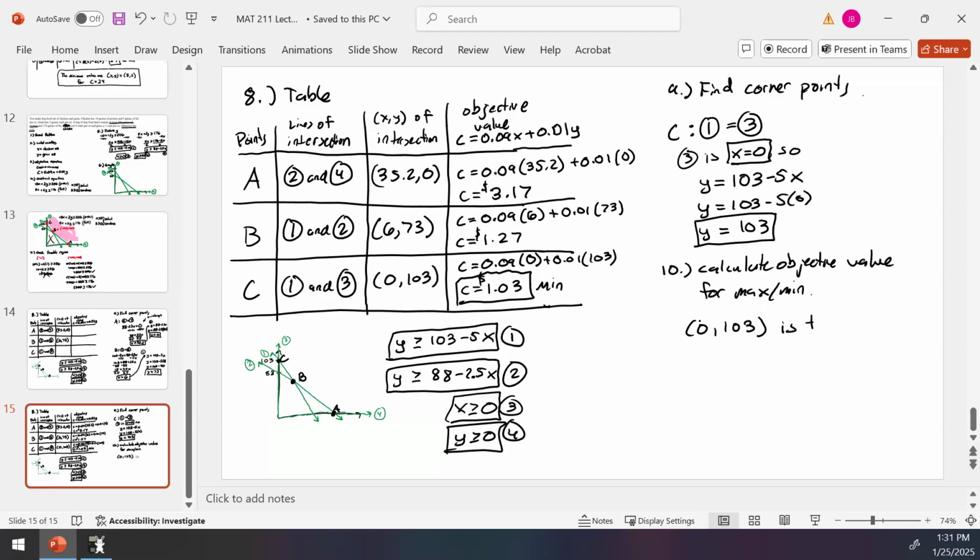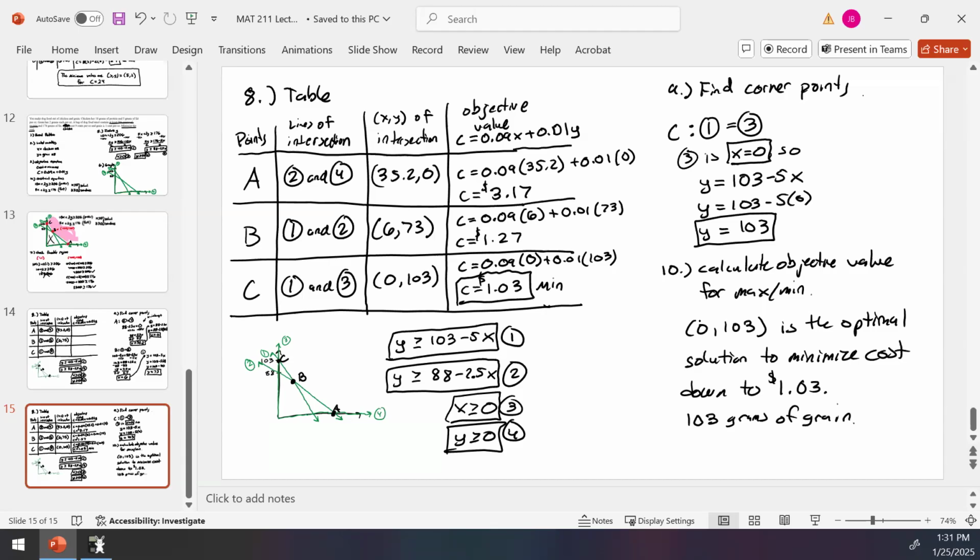So 0, 103 is the optimal solution to minimize cost down to $1.03. So 103 ounces of grain. Now, in practice, would a company do this?